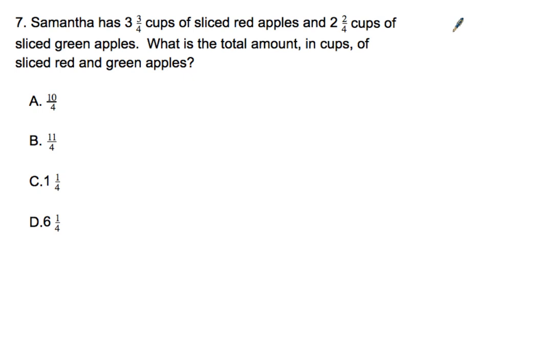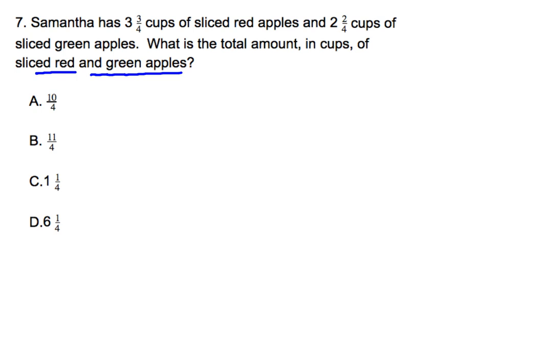Number 7. Samantha has 3 3/4 cups of sliced red apples and 2 2/4 cups of sliced green apples. What is the total amount in cups of sliced red and green apples? Okay, so I do have two mixed numbers here, and the question is asking me to find the total amount of the red and the green, so I'm joining or combining.